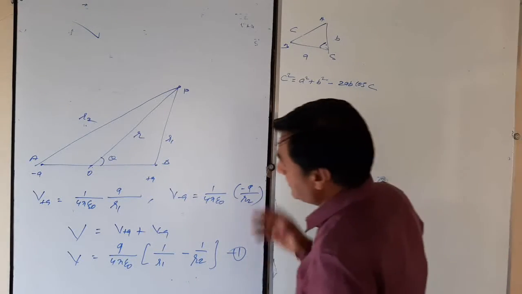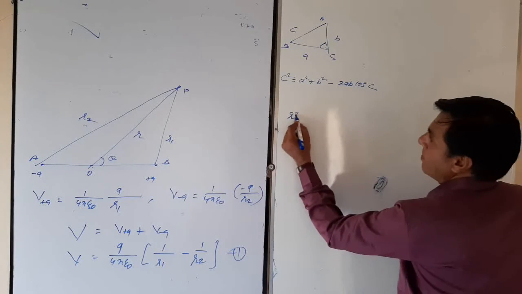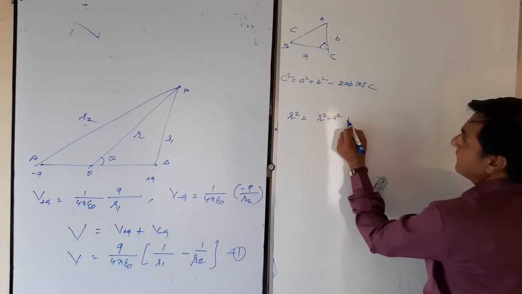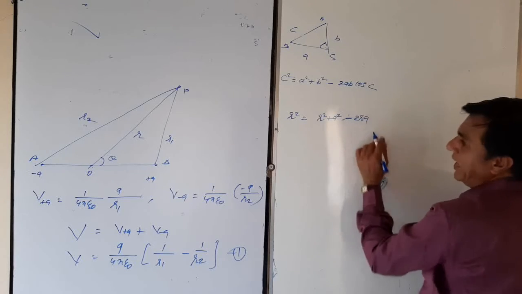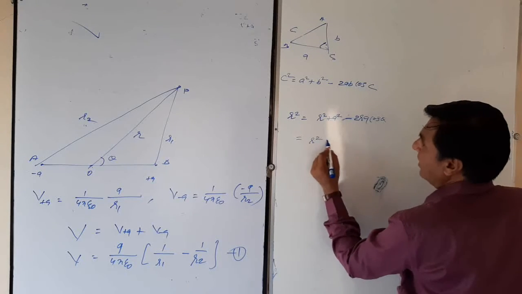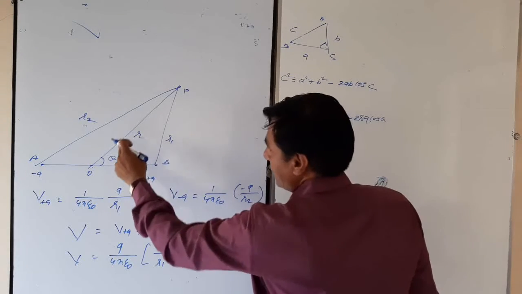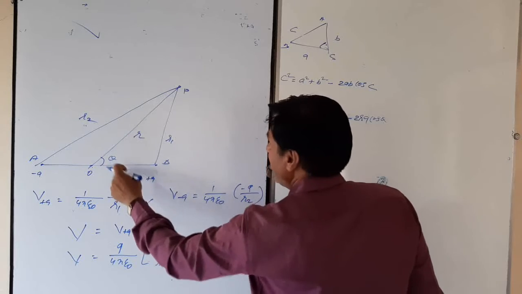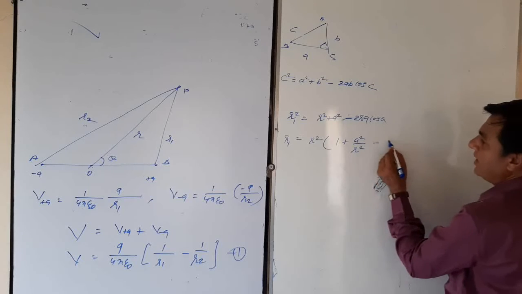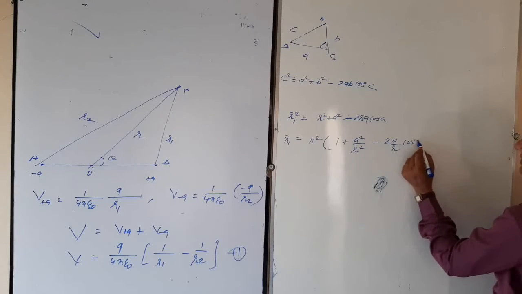So see here, I can write R1 square is equal to r square plus a square minus 2ra cos theta. I can take r square out. Clear? R1 square is equal to r square times 1 plus a square by r square minus 2a by r cos theta.